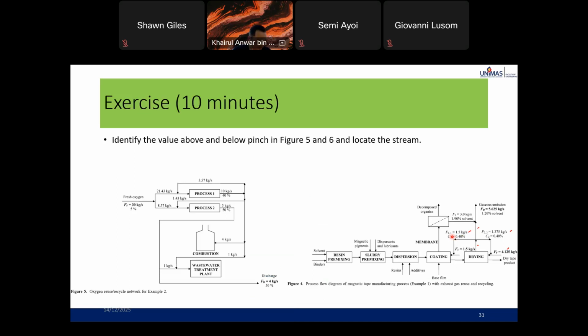For this question, value above the pinch. Go back to this, the cascade level.